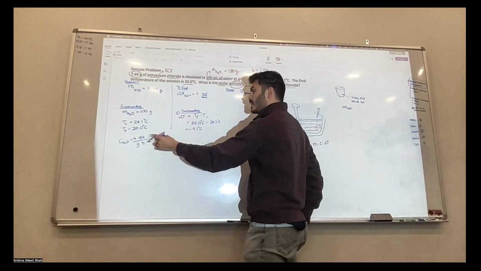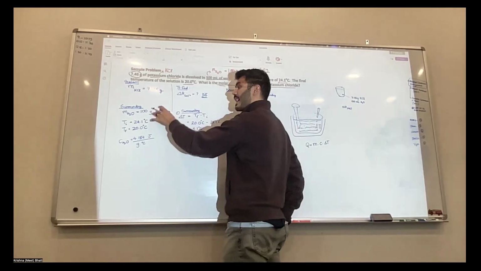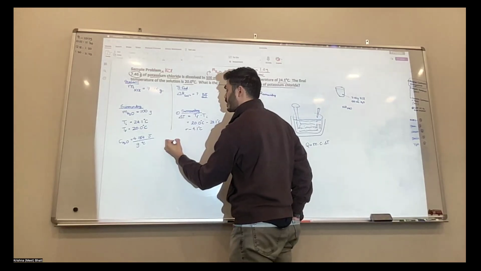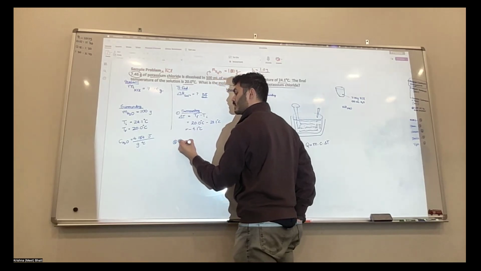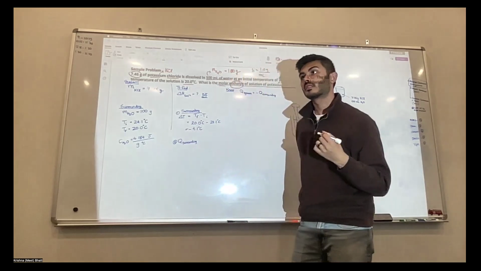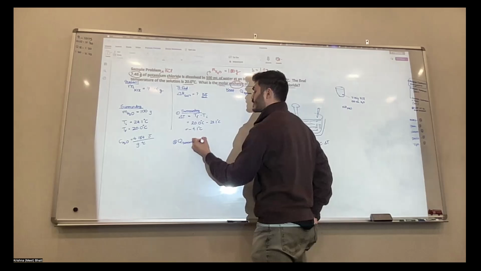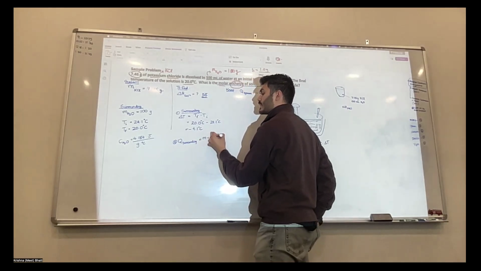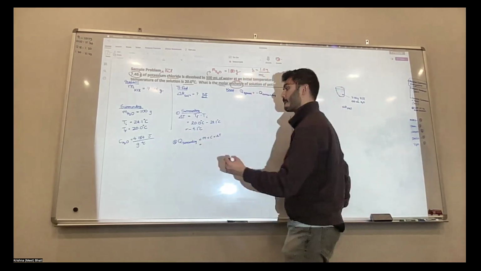Right, so we have our temperature change over here. And I can use that temperature change, the mass, and the specific heat capacity to figure out the Q of the surrounding. Mass times C times delta T, which is equal to, what is the mass given to us over here? 100 grams.